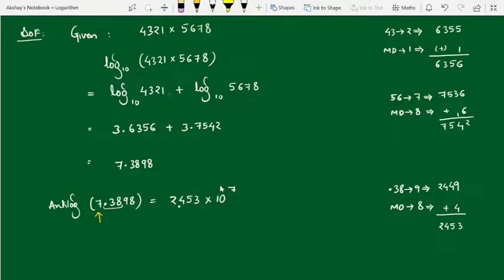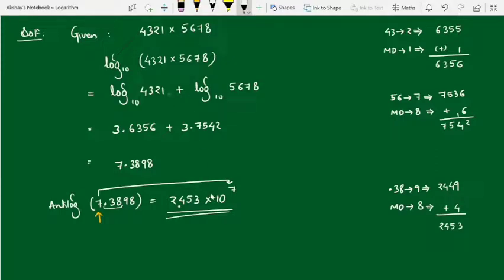It will be like 10 to the power of 7. Are you getting this point? So this is the answer of the given number, 4321 into 5678.